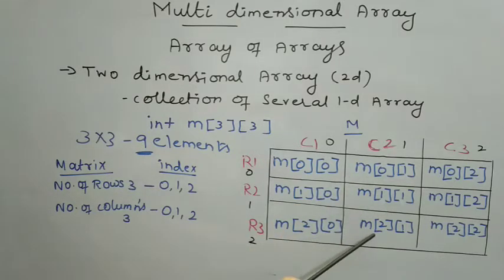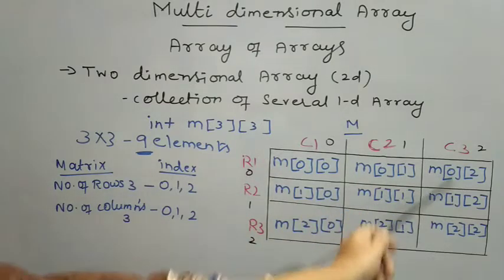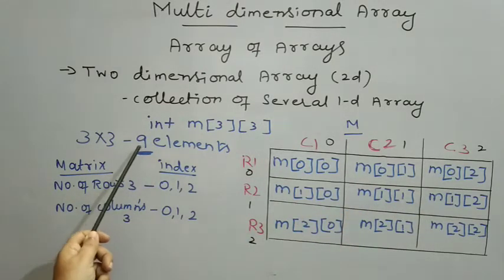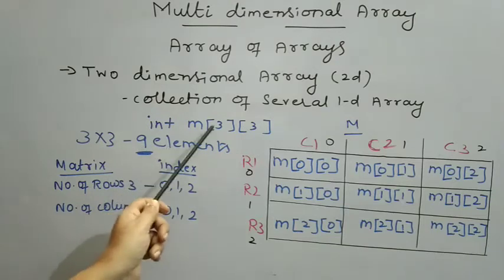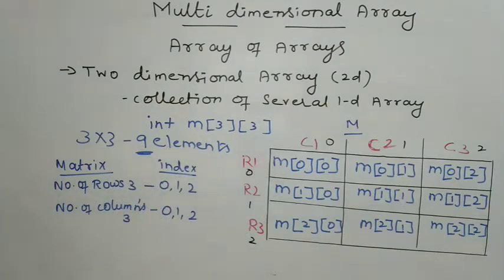If we specify the individual element, it is M of 2 of 1. For the third row the index position is 2, and 1 means it is in column 2. This way we can specify all the 9 elements in this two-dimensional array.